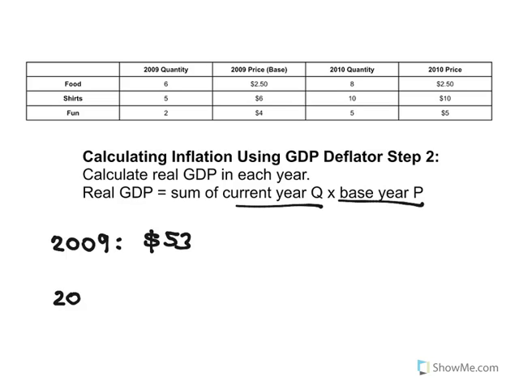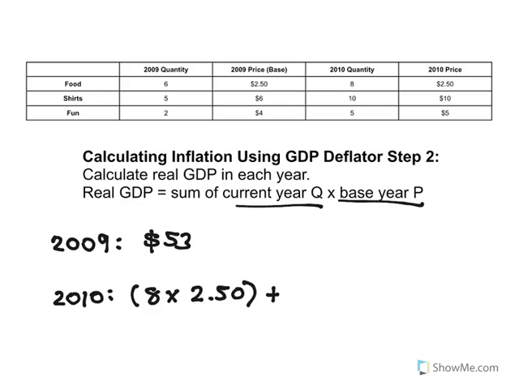It's 2010 where we have to do a little more work here, because yes, we're going to use 2010's quantities, but again, we're going to use 2009's prices because they're the base year's prices. So how do we do this? So again, we're going to do 8, but then we're multiplying by the base year cost of the food, which was $2.50. It was the same price in both years, 2009, 2010, so that's not going to change.